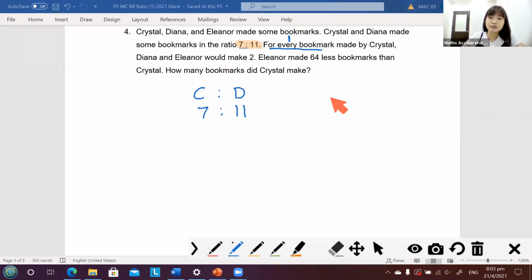So how to write this ratio? It will be Crystal is to Diana and Eleanor. So together we can put D plus E. So what is the ratio here? For Crystal is to Diana plus Eleanor. Can you type into the chat what is this ratio here?